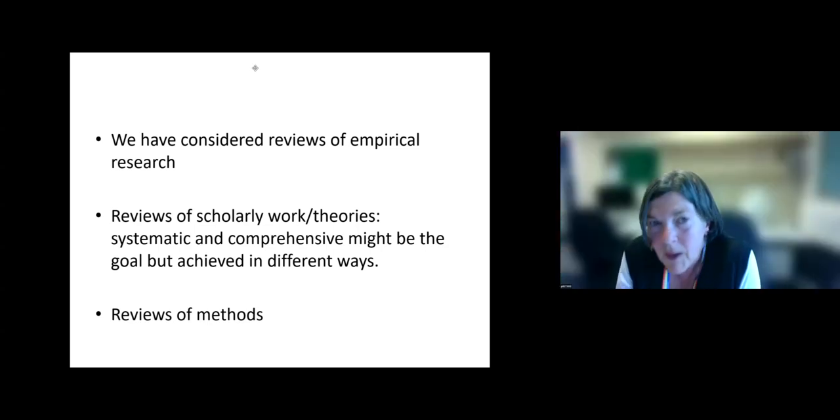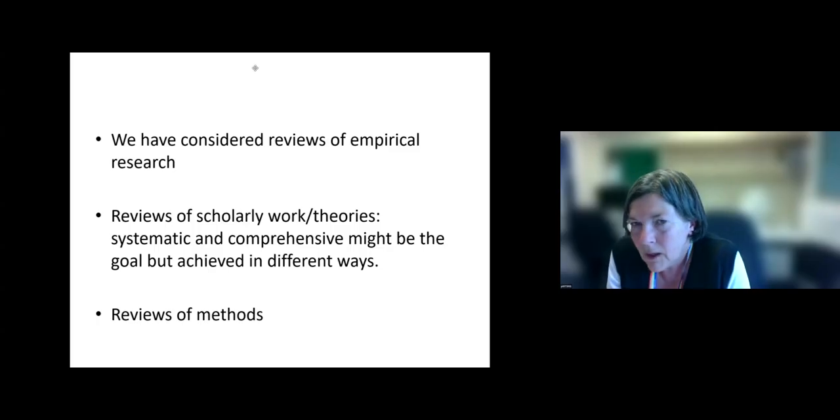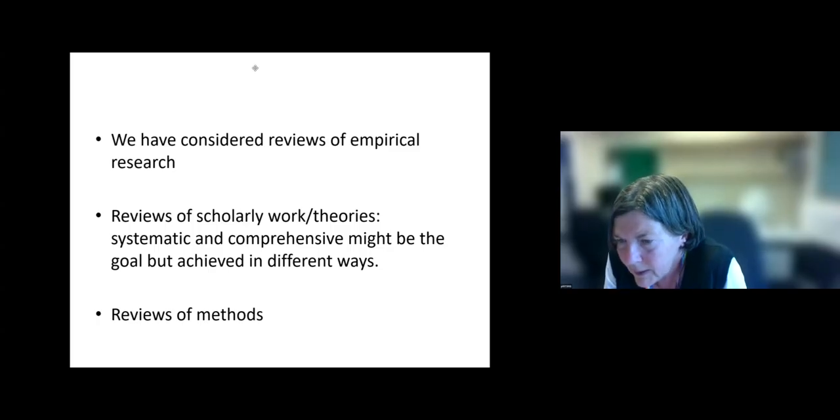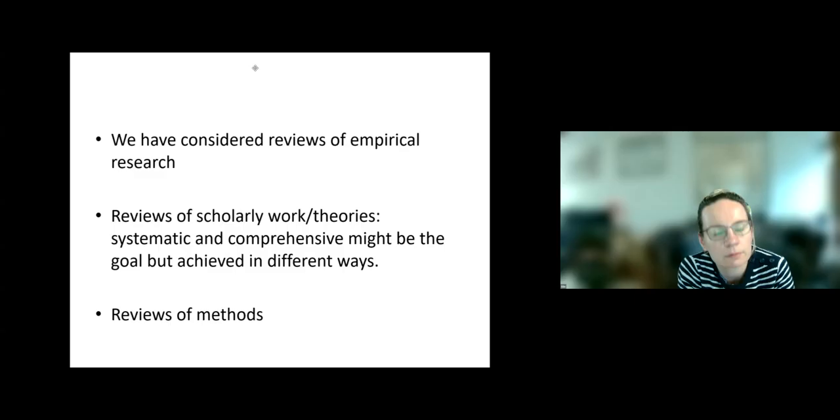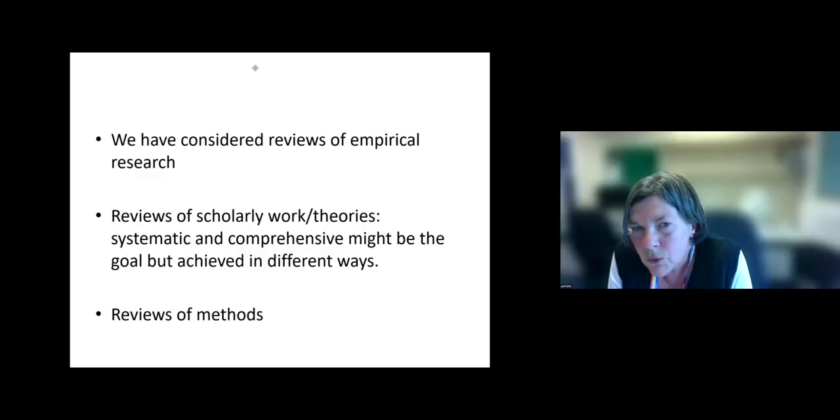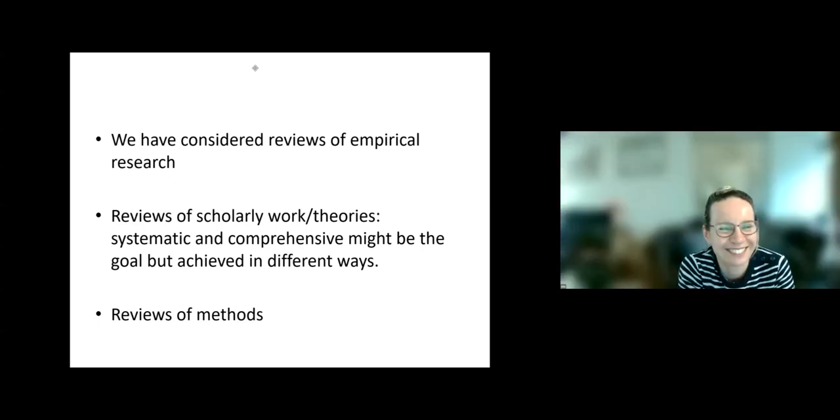I think my own view, and if I was examining a thesis, I would expect a clear search strategy. I would expect some evidence of additional approaches like forward backward searching, hand searching, reference list searching. But you're not going to fail a viva because you've missed one paper. You just won't.